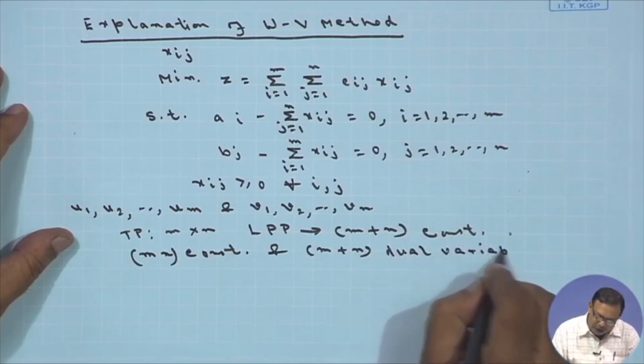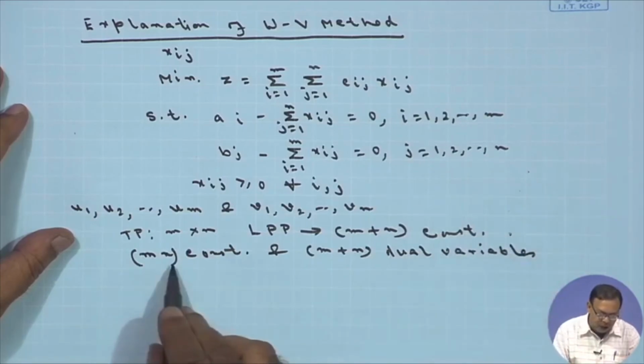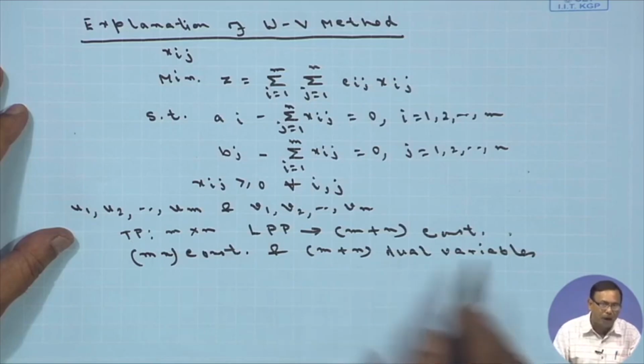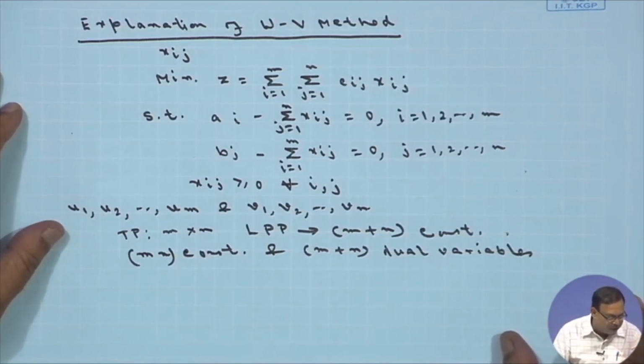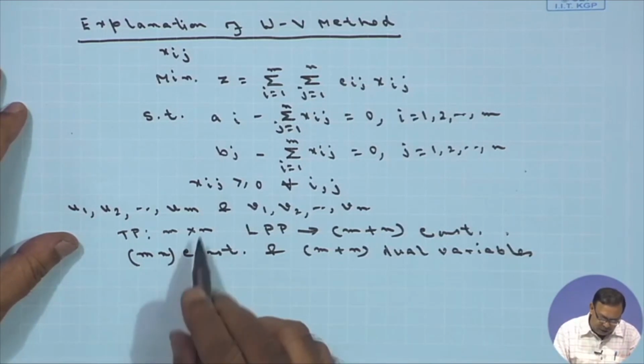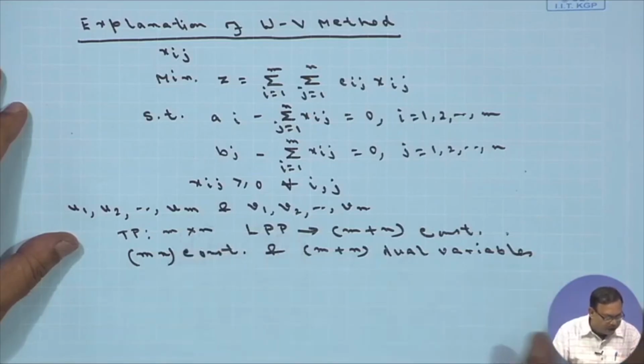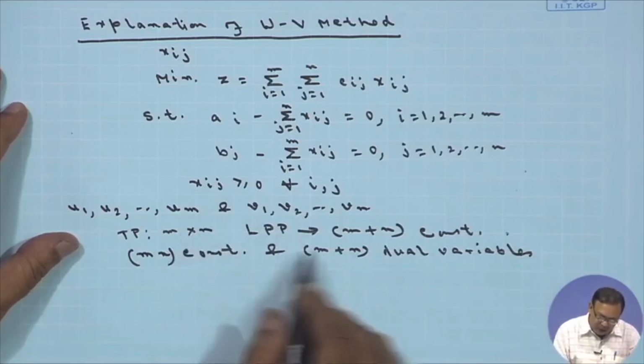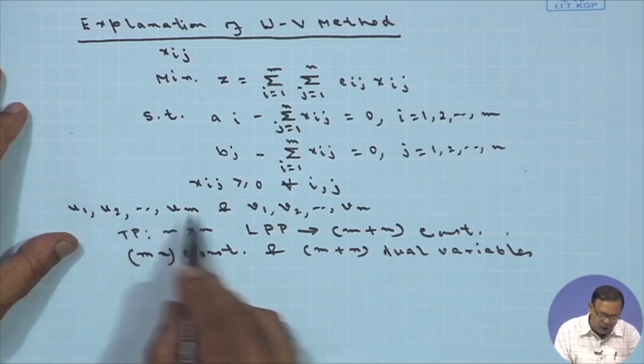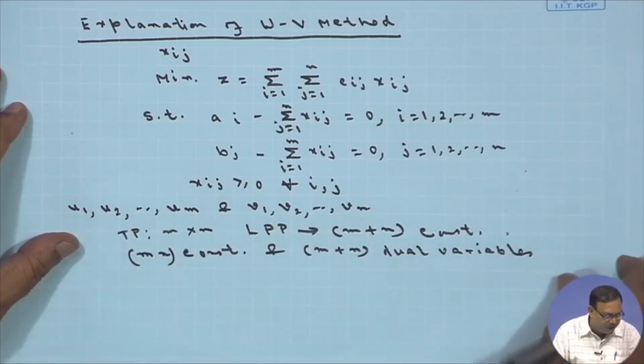Whenever I take the dual, it will have mn constraints and m plus n dual variables. The dual variables are denoted by u1 to um and v1 to vn.